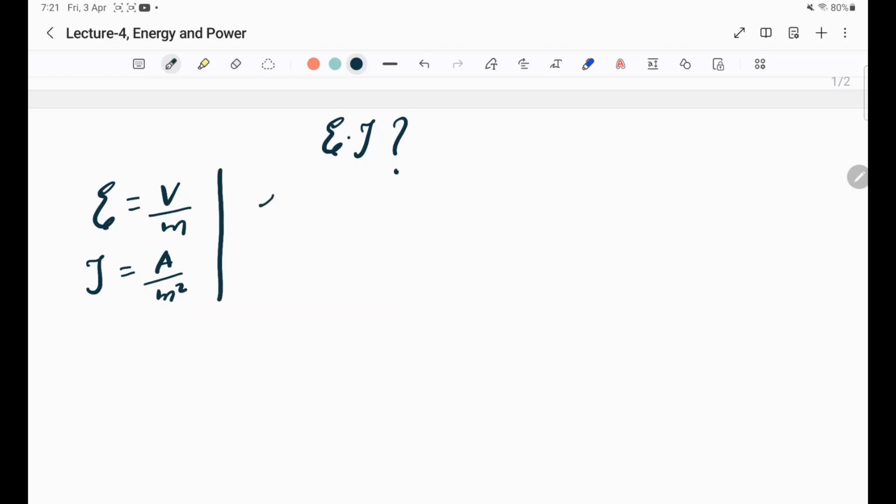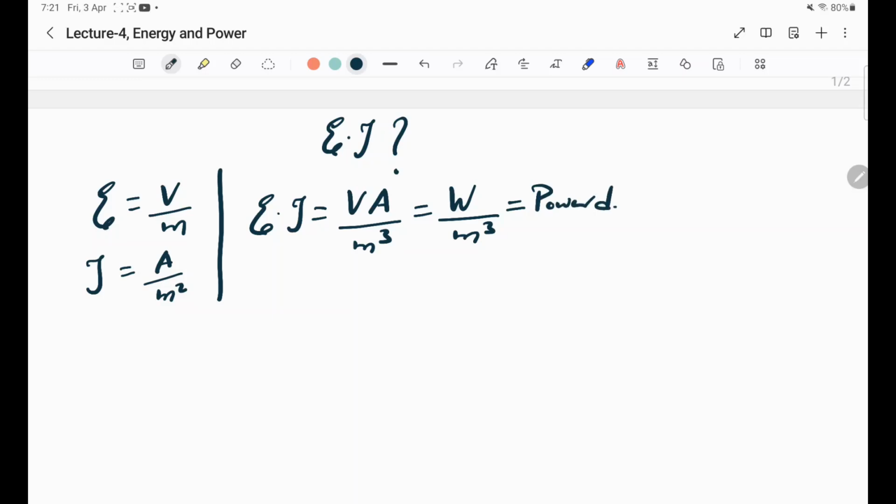So what is E dot J? The unit of electric field is volts per meter, and the unit of the current density J is ampere per meter square. So when you multiply E and J together, you get volt ampere per meter cube, and volt ampere is nothing but watts. So watts per meter cube. That is why we call this power density.